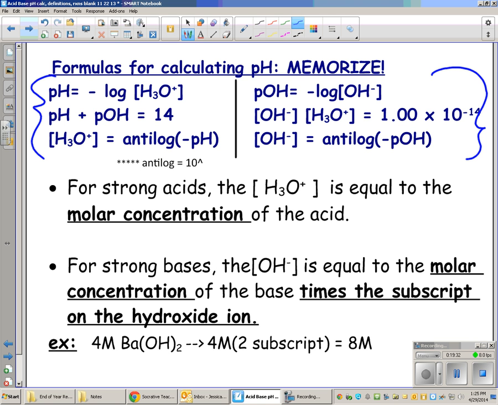So antilog is the opposite of log, and so you have to use 10. So in my calculator, I have to go 10 to the negative pH like this. Some of you guys actually have an antilog button. Who has an antilog button? Yeah, Elisa. Yeah, I'm sorry, 10 to the negative 14. Awesome. Okay, some of us do.